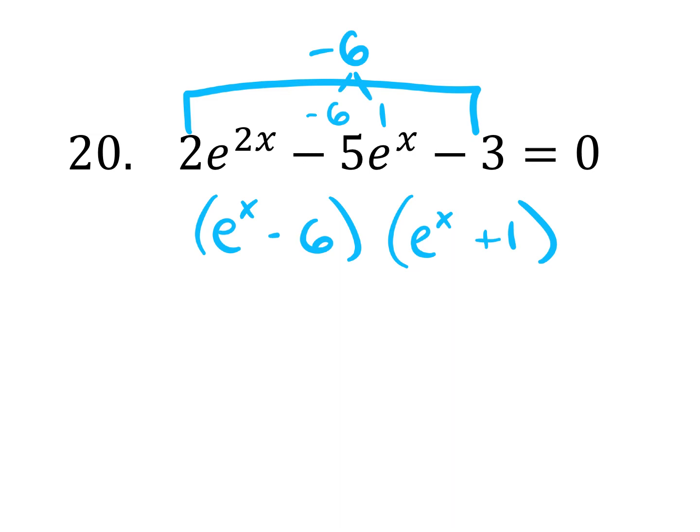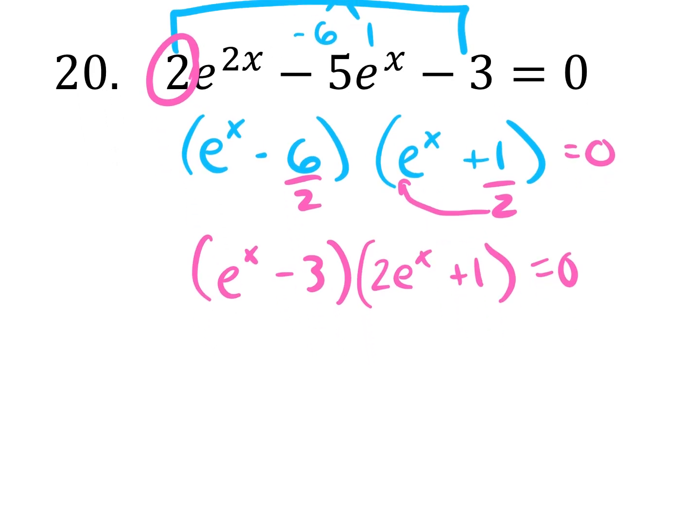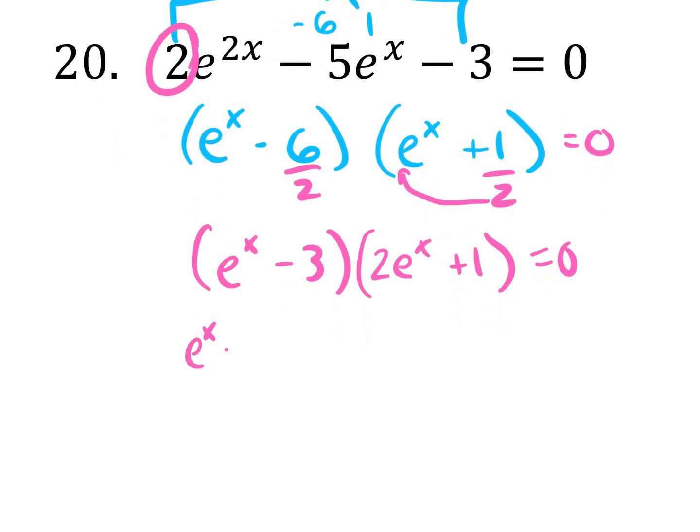What do I have to remember to do next? Divide by 2. So the first one simplifies, so it'd be e to the power of x minus 3. Second one does not, so we move our denominator in front of the e. So 2 e to the power of x plus 1. Then I would set them both equal to 0.